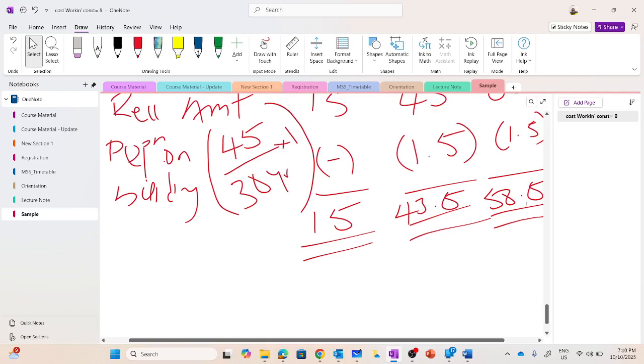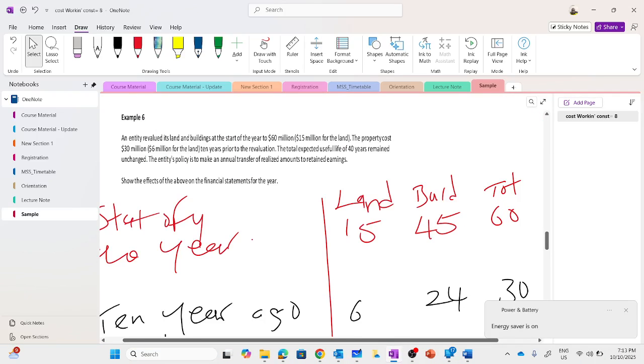So let's look at the requirement again to see if there is any further thing we need to look at. No, it's fine. To show the effect, we have shown the various impacts based on the analysis.